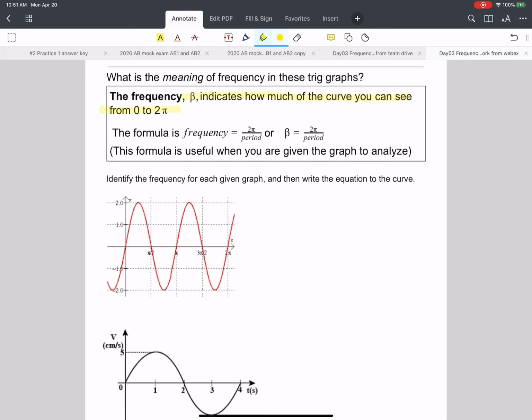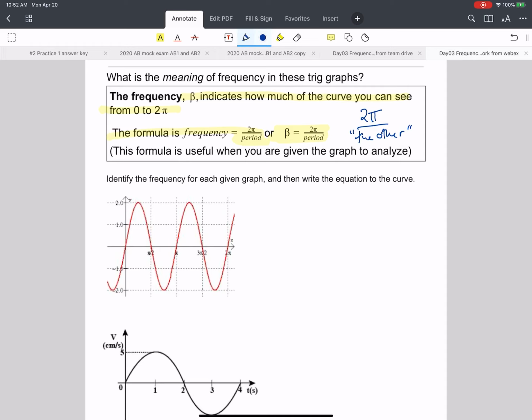Now the formula for frequency is 2 pi over the period, or B is 2 pi over the period. So it's just kind of like the other one. I just always remember, hey, it's 2 pi over the other guy. That's how I remember it, whether frequency or period, it's 2 pi over the other. So 2 pi is always on top. That makes it nice and easy.